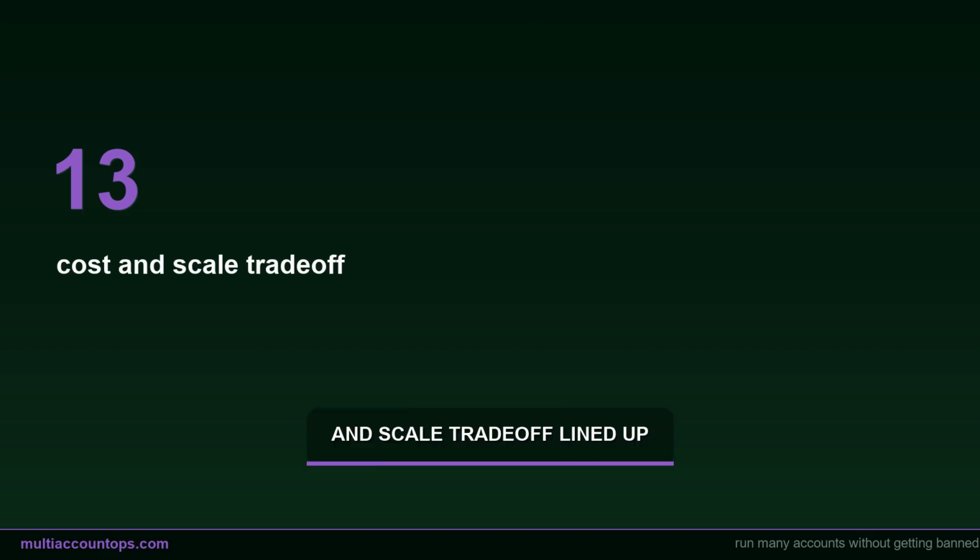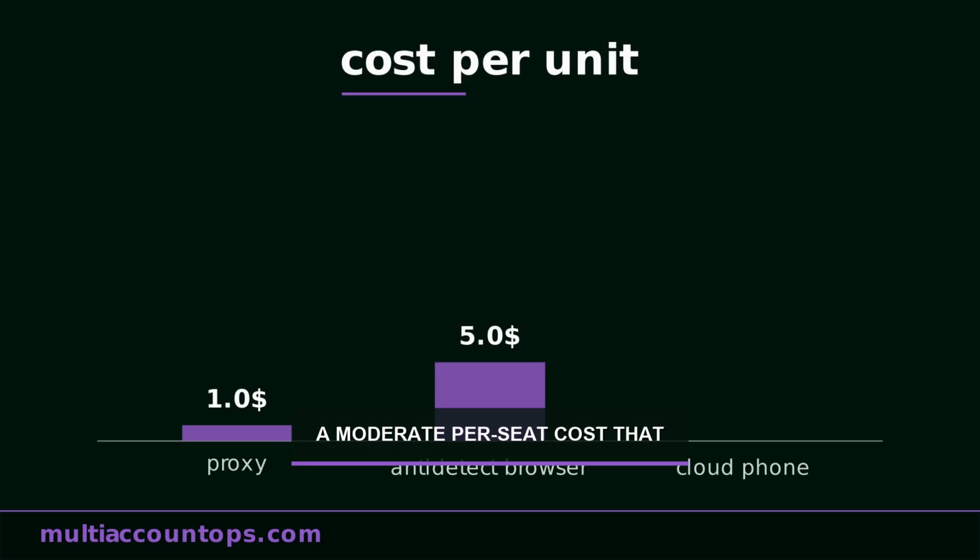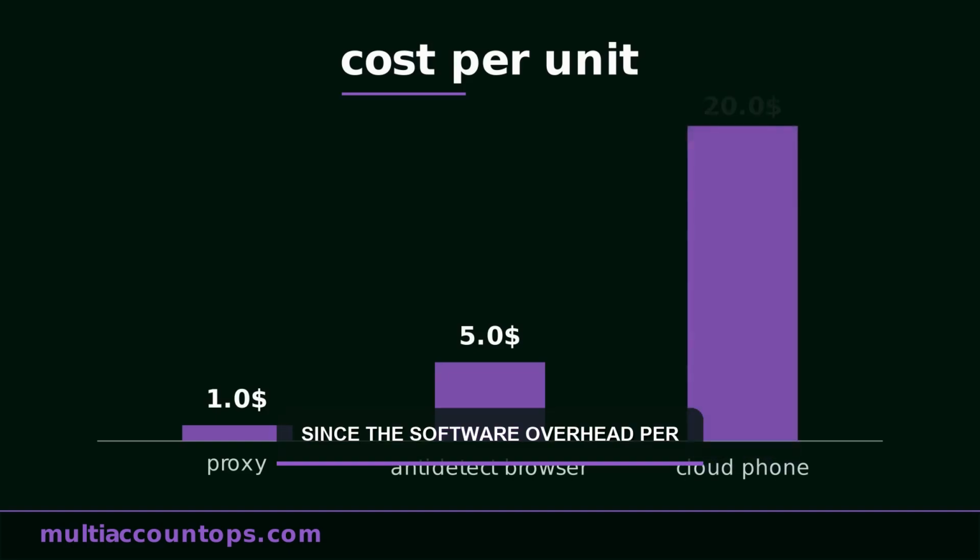The cost and scale trade-off. Lined up against each other, a proxy is the cheapest per unit and the easiest to scale into the hundreds, since a new proxy port costs little more than the bandwidth it uses. An Antidetect browser sits in the middle, a moderate per seat cost that scales well into dozens of profiles without much friction, since the software overhead per profile is small even as the count grows.